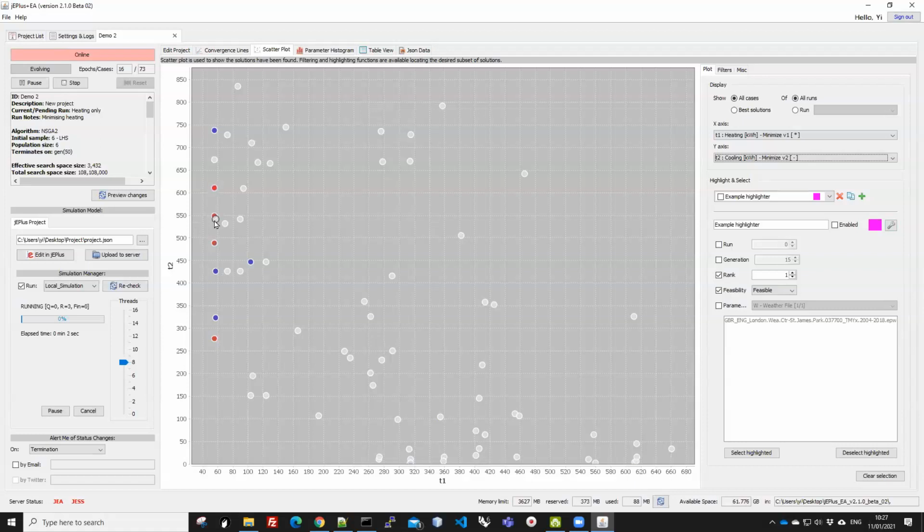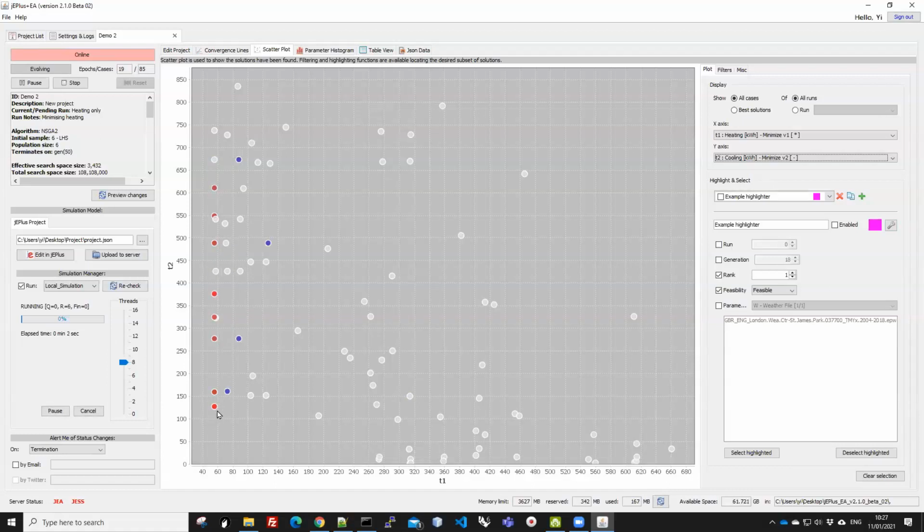And you can see there are 4 red points now, which means there are 4 different solutions which the algorithm considers to be equally good. Okay, now there are 5. The ultimate goal is actually to find all the best solutions according to your criteria.